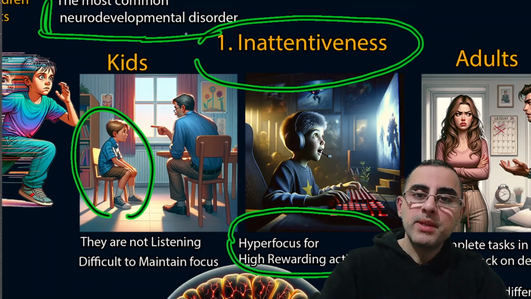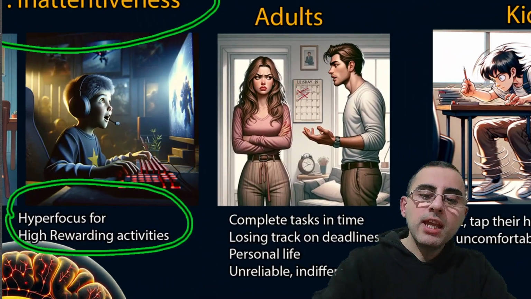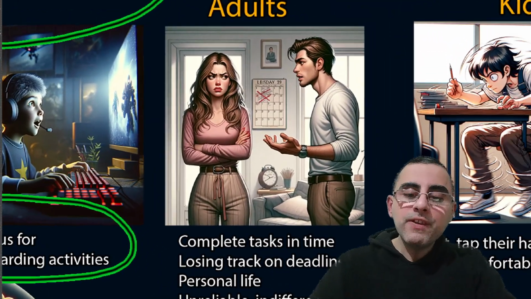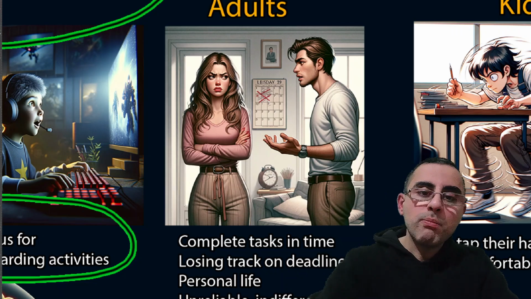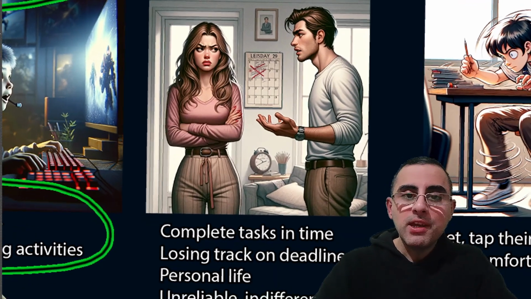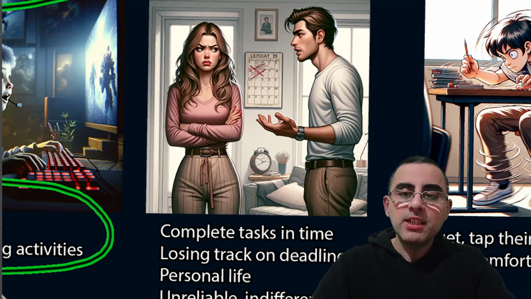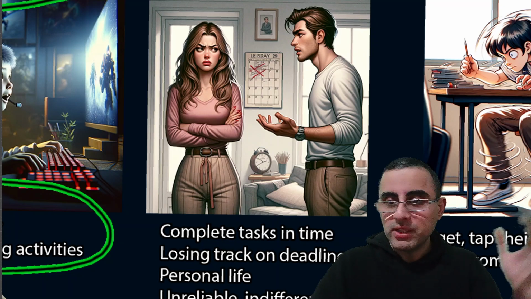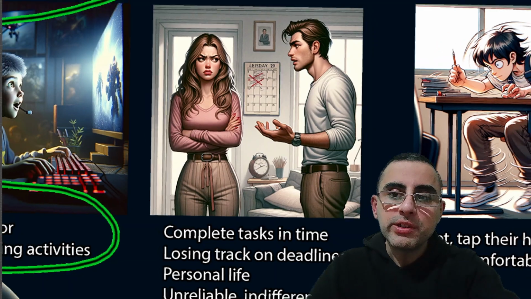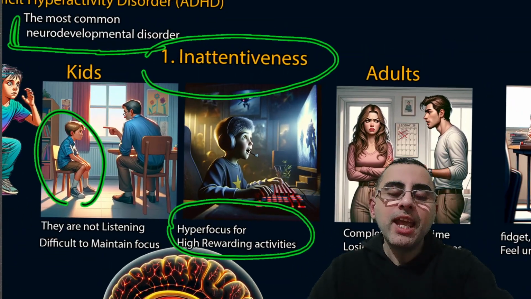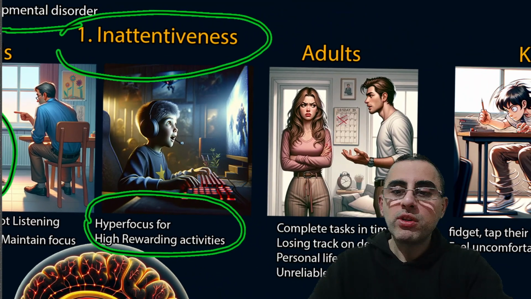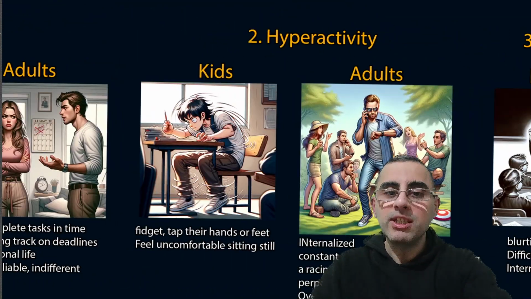In adults, inattentiveness can be difficulty completing tasks in time, losing track of deadlines, or personal life difficulties. Their partner sometimes thinks they are unreliable or indifferent towards dates, for example. They are also forgetful. So inattentiveness is the first and most common symptom of ADHD.